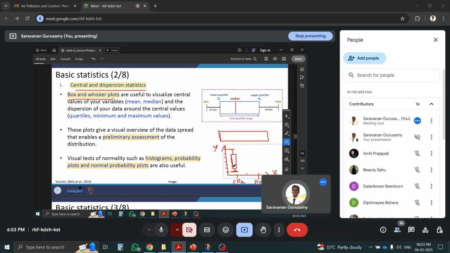And this box gives you the lower quartile and the upper quartile, and this is the total interquartile range. The median value is here and the mean value will be here at the center.